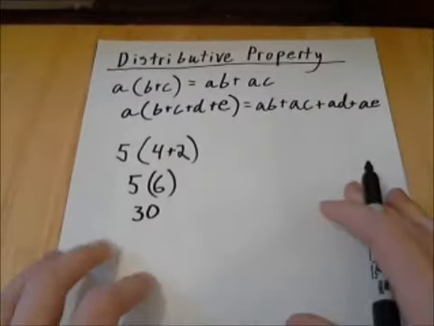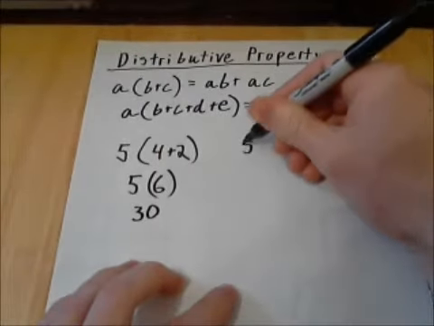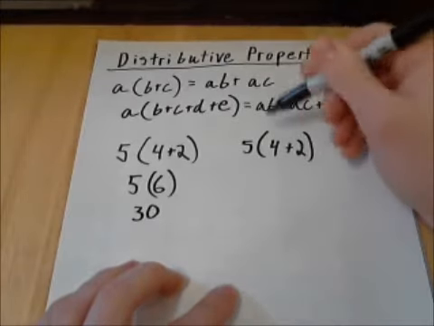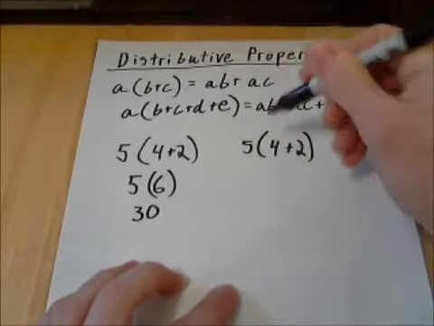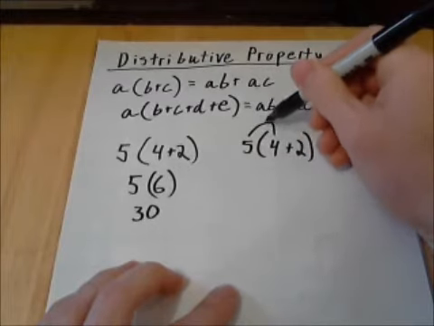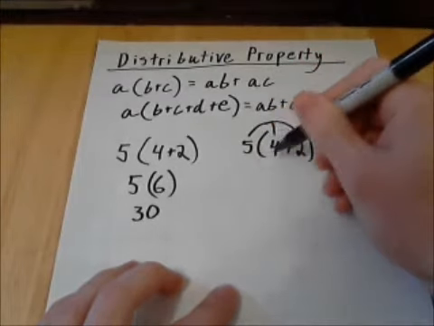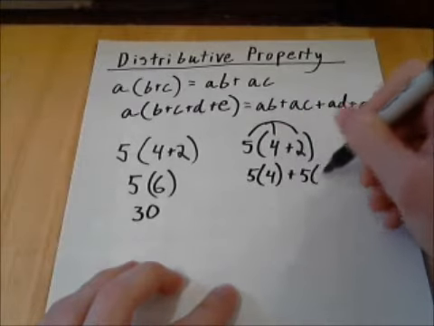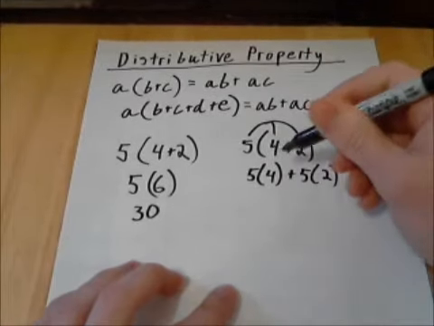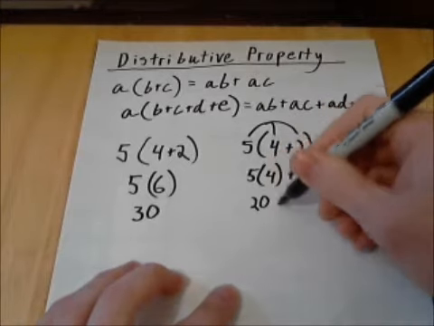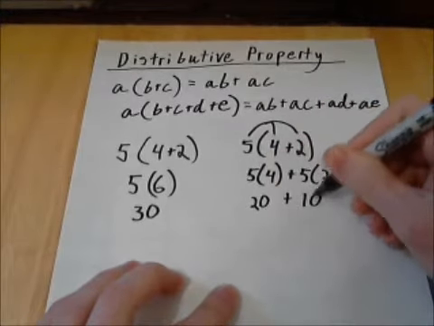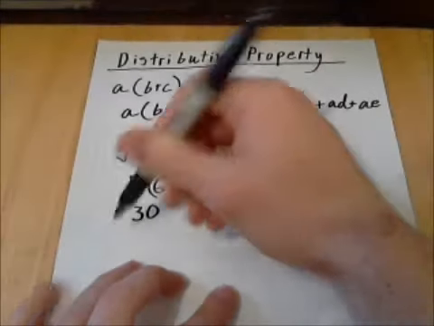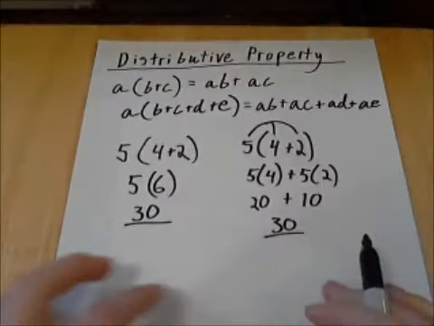But with the distributive property, we can do what we have done up here in the rules. You can just go 5 times 4 plus 5 times 2. And 5 times 4 is 20 plus 5 times 2, which is 10. So 20 plus 10 equals 30. And as you can see, both ways work just fine.